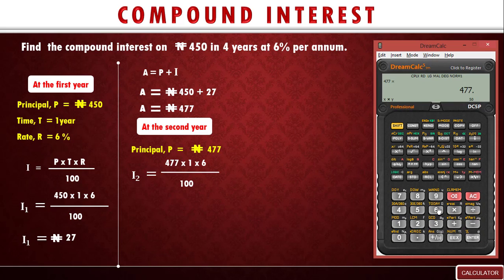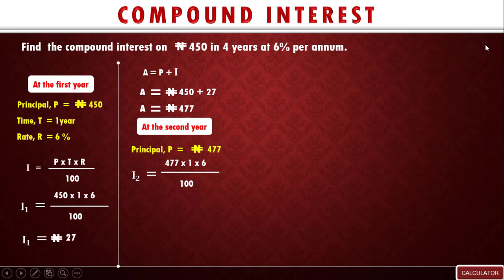So let's just say 477 times 6 equals, enter, that gives us 2862. Then let's divide it by 100, enter, that gives us 28.62. So that means our I2 will be 28.62 naira. This is the interest for the second year.